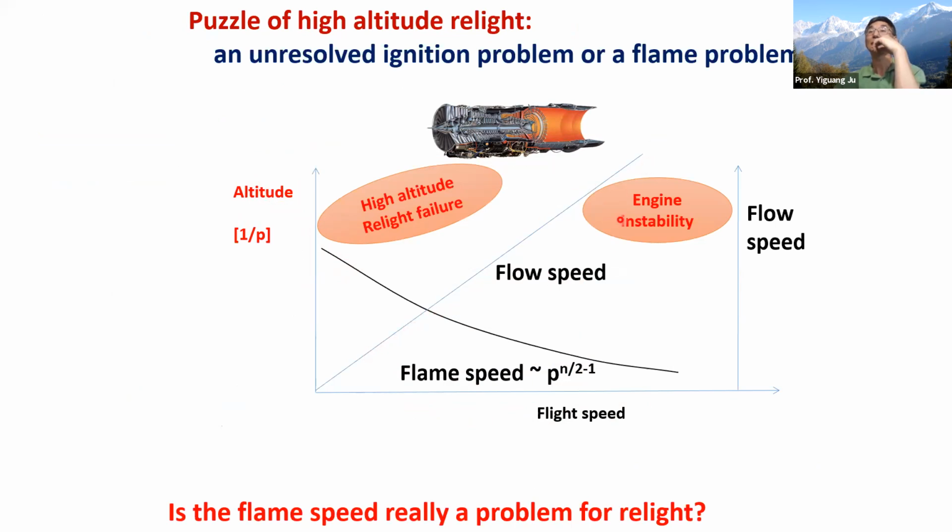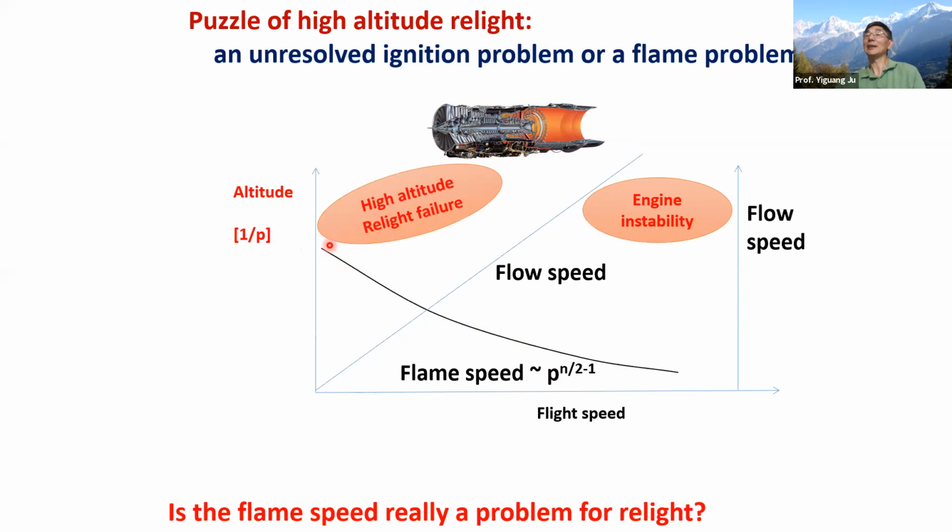Depending on the reaction order, the flame speed actually increases with the decrease of pressure. But at high altitude, you have an issue stabilizing the flame. At high altitude your pressure is lower and your flame speed should be higher. Why is flame stabilization a problem at high altitude?